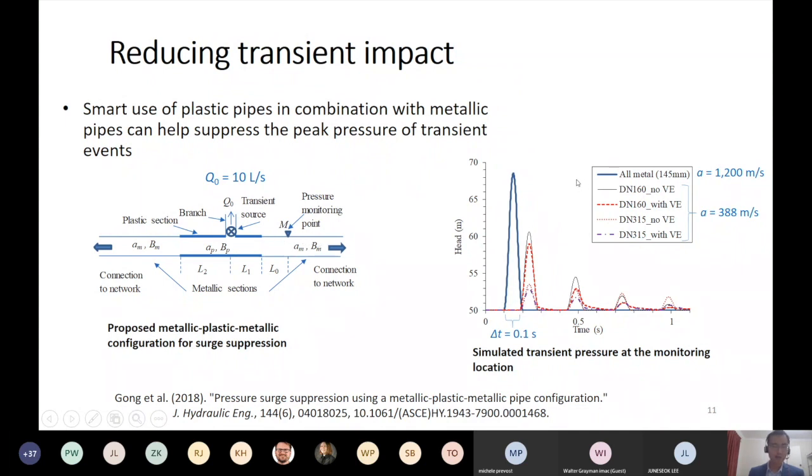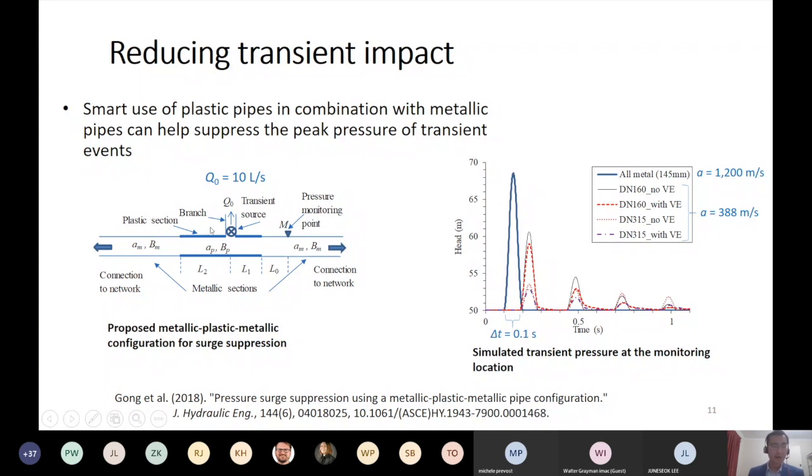This is to simulate a DN150 cast iron pipe with a wave speed of 1200 meters per second. Then we say if we have a pulse signal, a pressure wave, induced by closing and then opening this valve with a discharge of 10 liters per second, we would have a pressure transient of about 20 meters. If it's all metallic pipe, we will have a transient wave of about 20 meters.